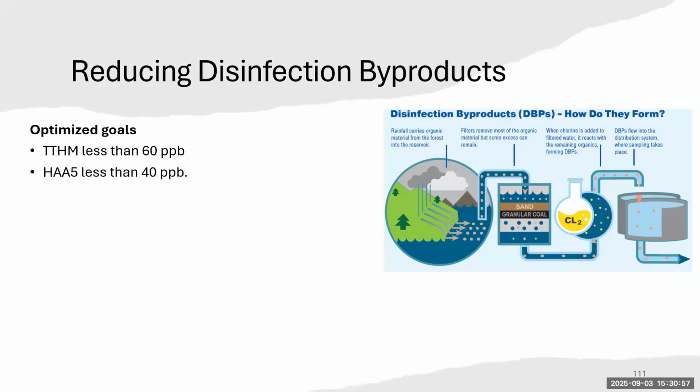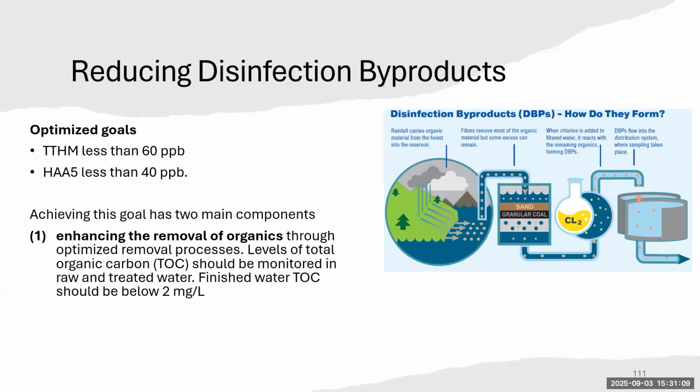Reducing disinfection byproducts, Daryl talked about that. If we look at our optimized goals here, less than 60 parts per billion and less than 40 parts per billion for TTHMs and HAA5s. How could we get there? Well, some of the things have to do with optimizing the removal of those small organics. We talked about charge stabilization using alum, for example, at a low pH to remove those small particles.